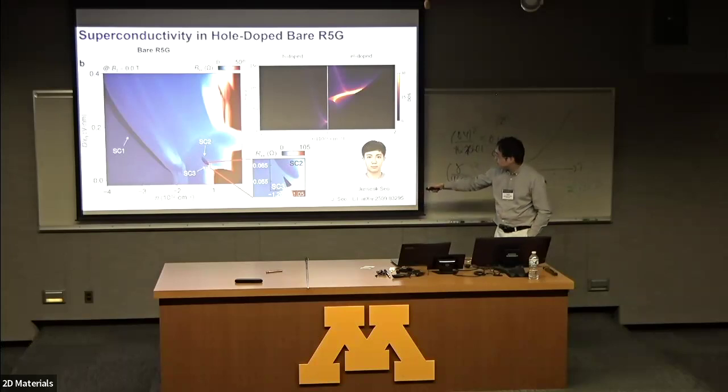And this smaller one, SC3, is really, really tiny, right? But they're very interesting. So again, I think these features correspond to whatever is happening on the hole doping side, maybe associated with the density of states, like a little peak at this particular interlayer potential.